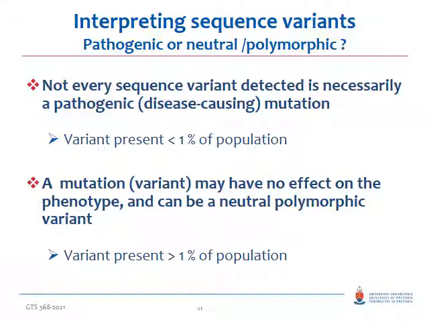Not all variants are necessarily pathogenic and disease-causing. If the variant is present in more than 1% of the population and has no effect on the phenotype, it may be a neutral polymorphic variant.